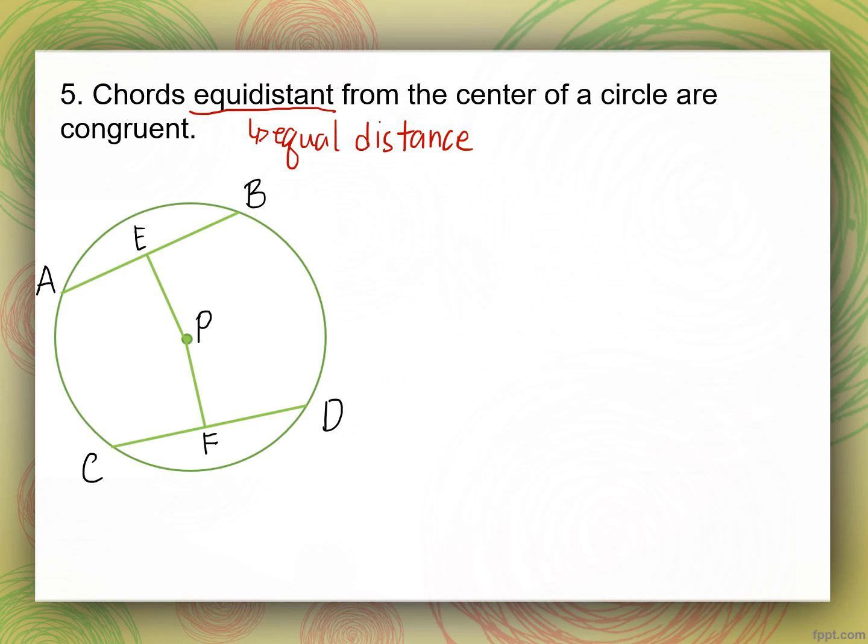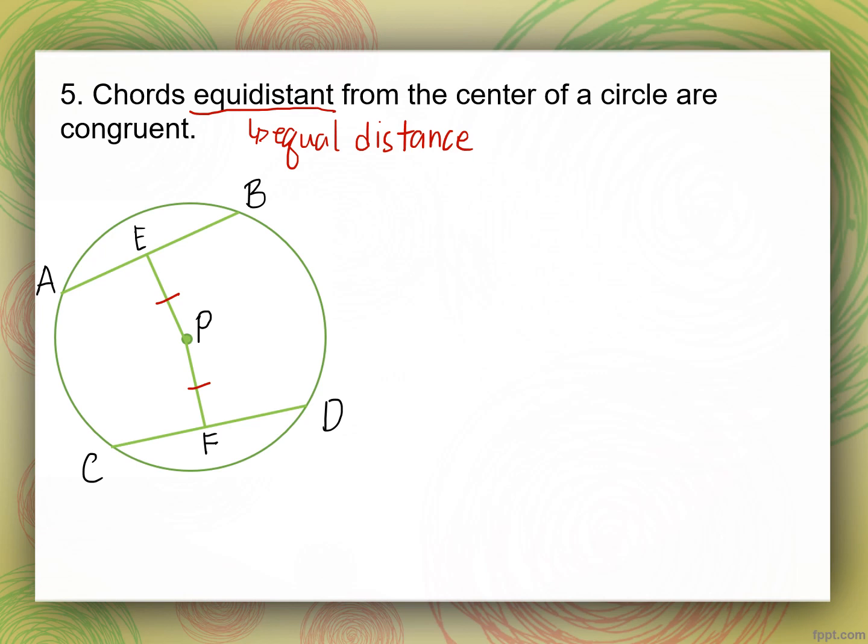So we have here chords AB and CD, and they're connected to the center of the circle, point P, by segment EP and segment PF. Okay, so based on the theorem, chords AB and CD will be congruent if they are equidistant from the center. So it means that EP is congruent to PF.